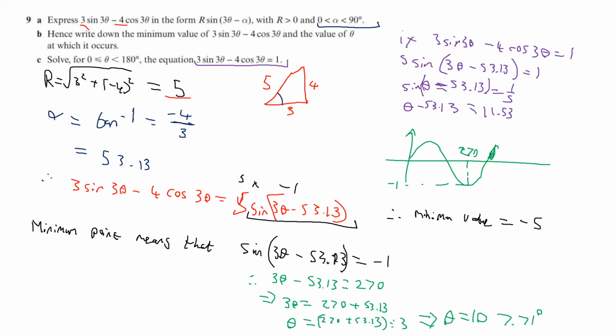11.53, or if you do 180 minus that, 168.46, okay? Again, we have to keep going up because it's 3 theta. So let's go up one more time.